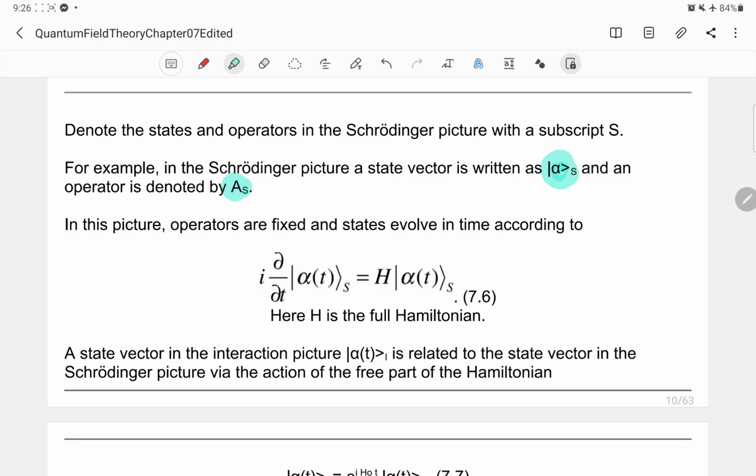In this picture, operators are fixed and states evolve in time according to this. As you're familiar with the Schrödinger equation, the time derivative of the state is equal to the Hamiltonian operating on the state. This is what we have experienced in quantum mechanics, where H here is the full Hamiltonian.